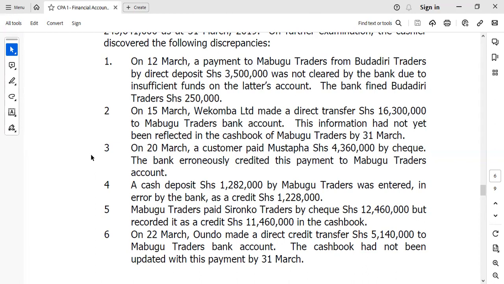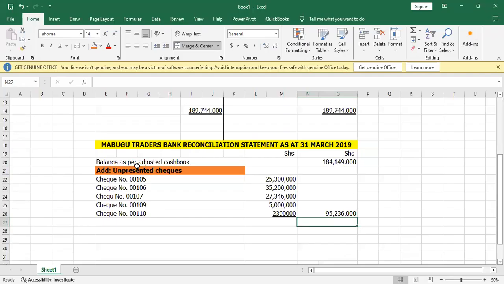So the bank account of Mabugu was increased, but of course it was in error. The bank credited 4,360,000 in error. So you have to add this to the balance as per the adjusted cash book, just to cancel it out.